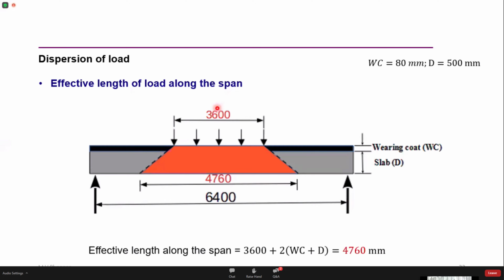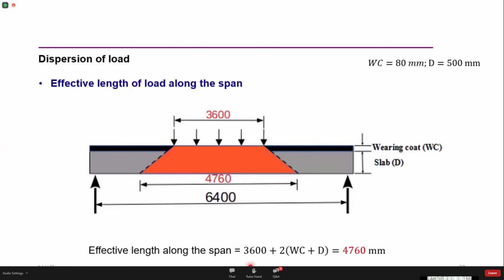When I place this load at the center, it gets dispersed through the thickness of the slab, and this is going to be the length of the dispersion. The dispersion happens through the varying chord and through the thickness of the slab.